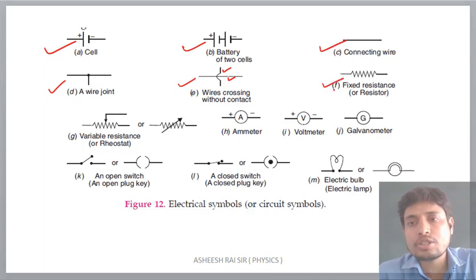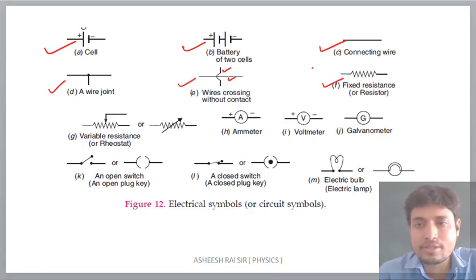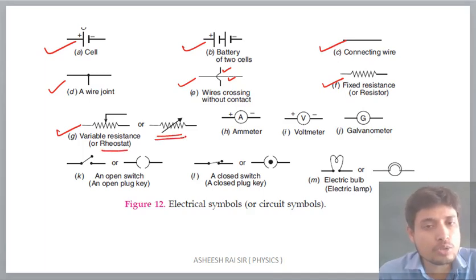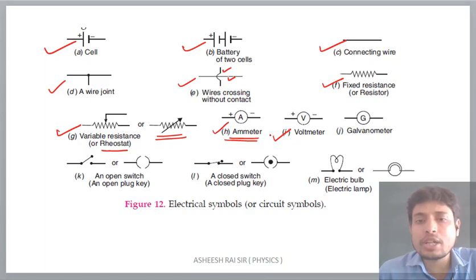This is a fixed resistance or resistor. This is a variable resistance or rheostat. This symbol is also used. This is the symbol of the ammeter and voltmeter. With the ammeter we measure the current in the circuit, and with the help of the voltmeter we measure the potential difference in the circuit.